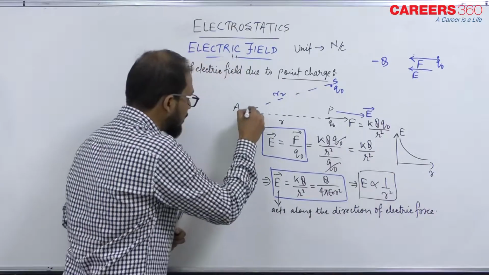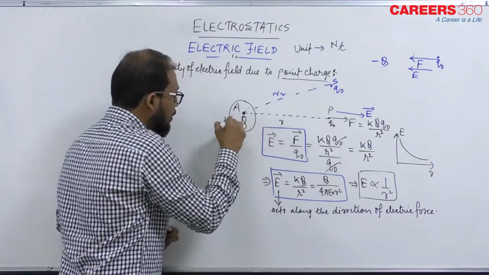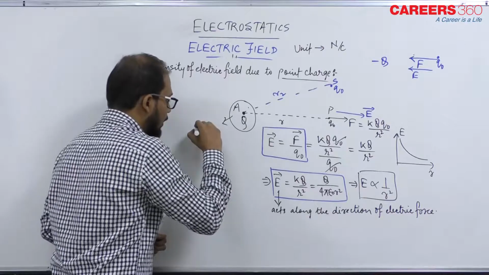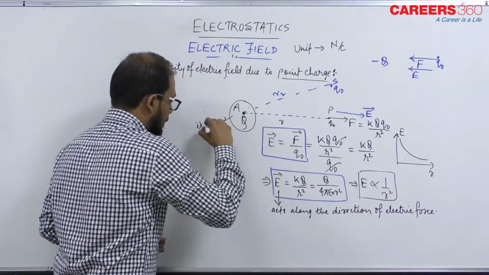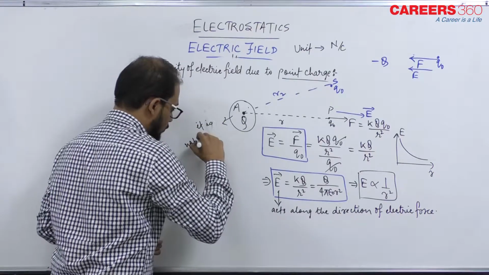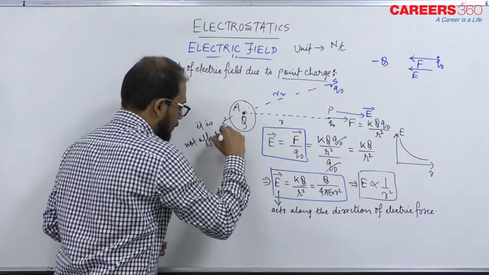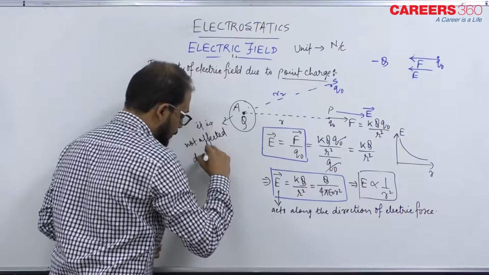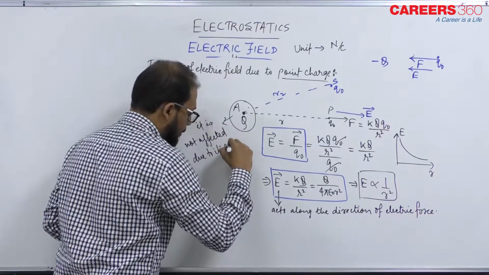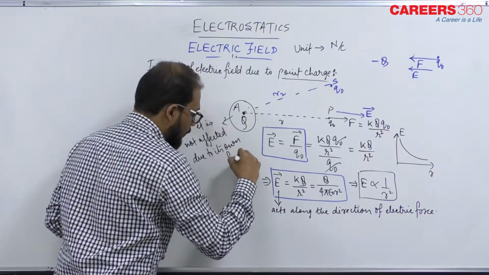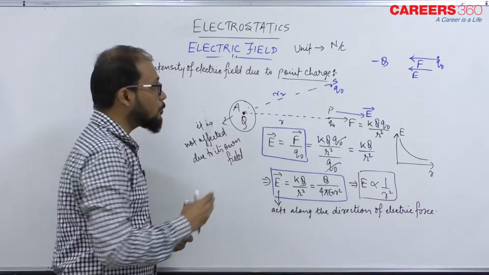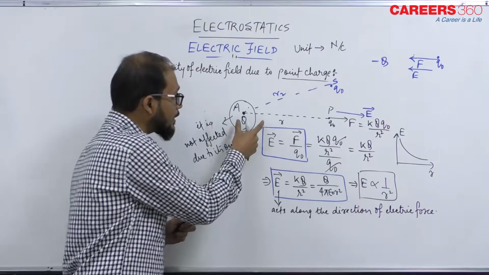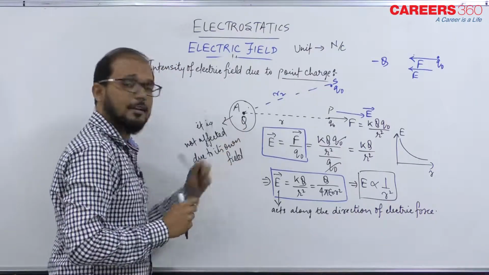And here, for this Q charge, always remember one point, that it is not affected due to its own field. That is, a charge will be affected by the field produced by the other charges, but it will not be affected by the field produced by itself.